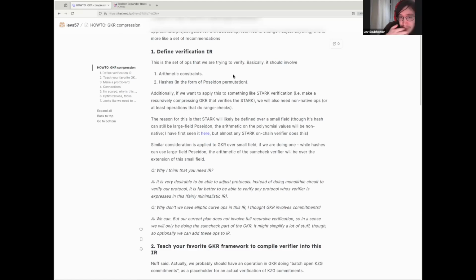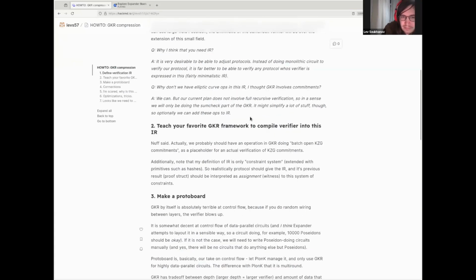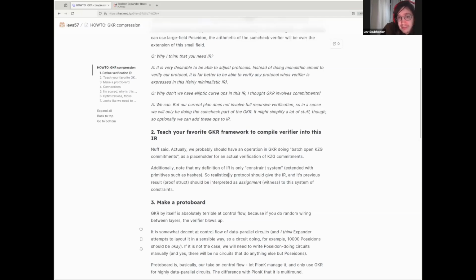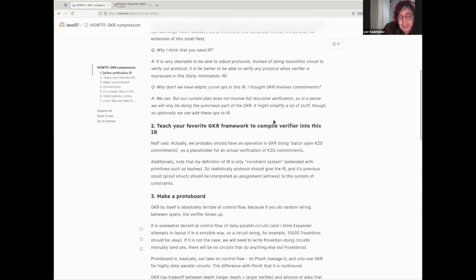I will skip some details. The idea is that the verifier will then need to compile to this IR. You will need to teach your favorite GKR framework to compile the verifier into this IR. People typically do something like this when they do recursive verification, so this is a fairly standard thing that you will probably need to do.